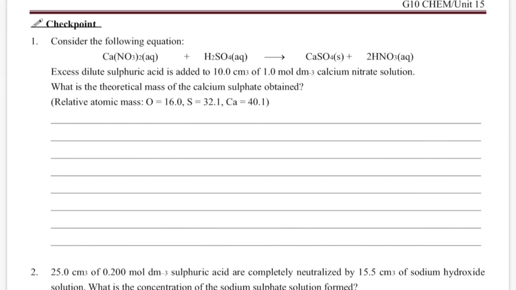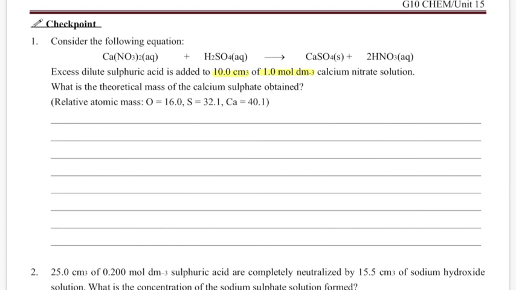The first one, consider the following equation. So calcium nitrate reacts with sulfuric acid to produce calcium sulfate plus nitric acid. So excess dilute sulfuric acid is added to 10 cm cube of 1 molar calcium nitrate solution.